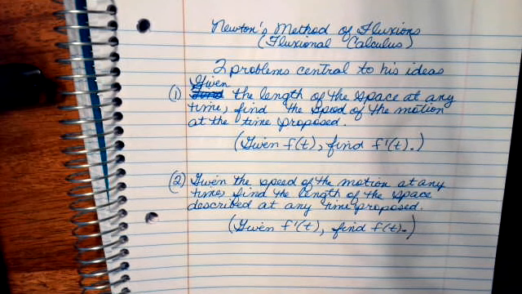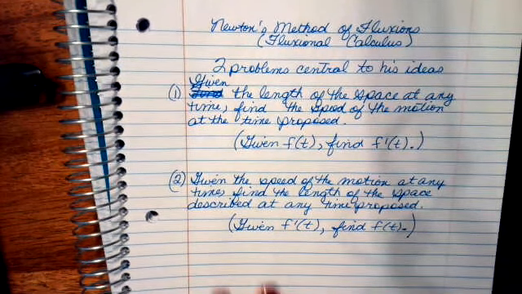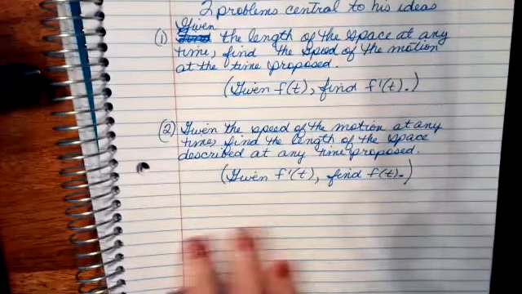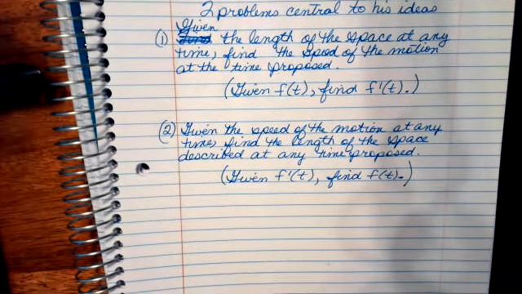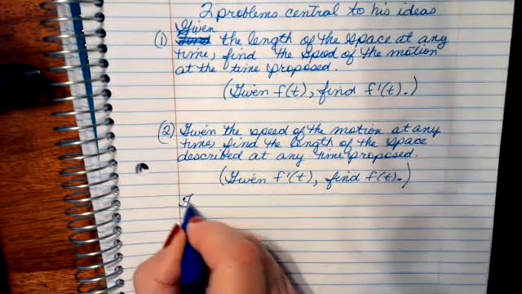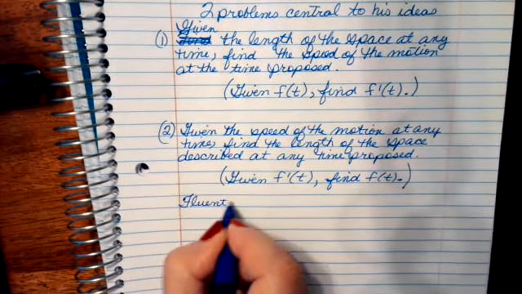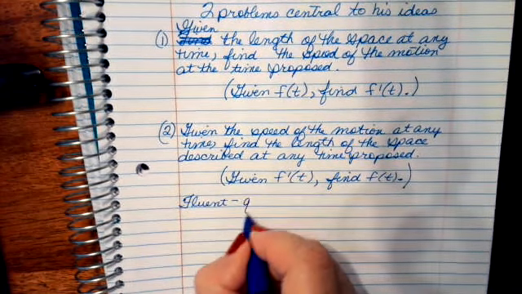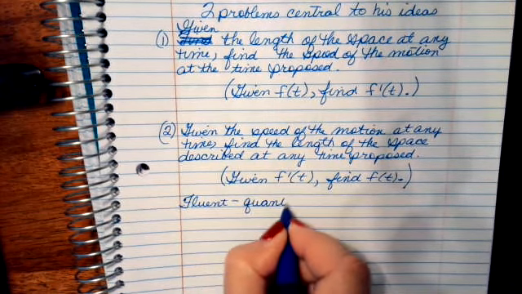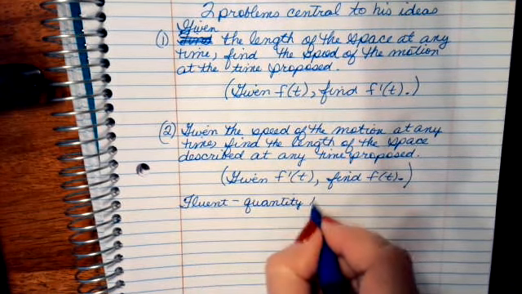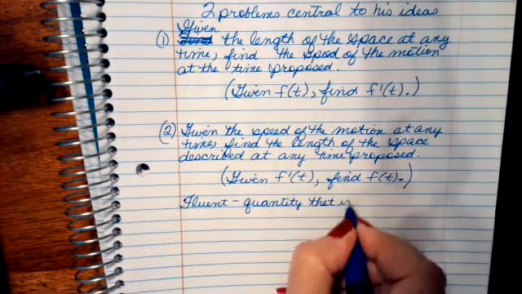Okay, before we look at how he did these, let's look at some vocabulary. A fluent was a quantity that is changing over time.